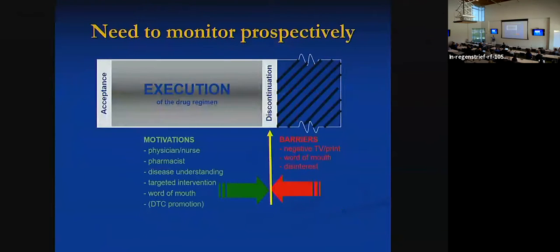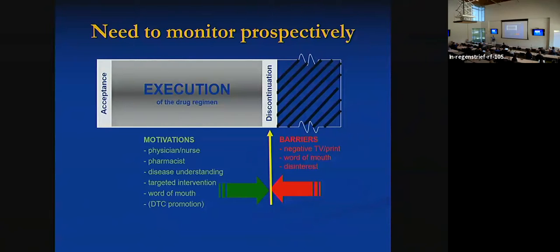I'm not sure it makes a big difference, but there's a variety of motivations along the course of this execution period: physician, nurse, and pharmacist collaboration with the patient, disease understanding, targeted interventions like ones we have done in the past, word of mouth, and then direct-to-consumer promotions.